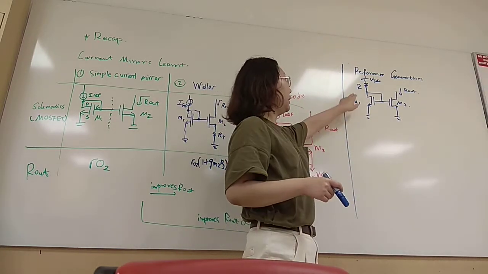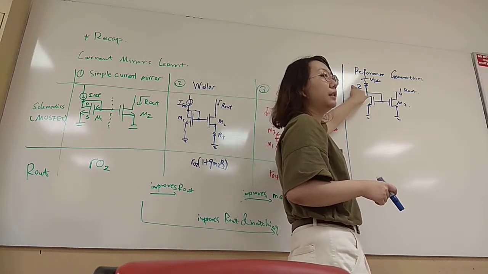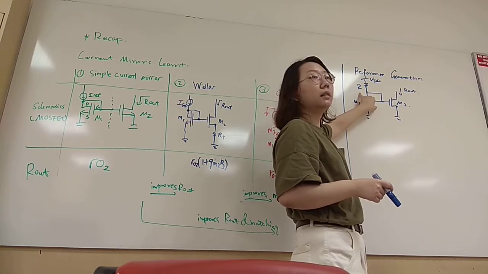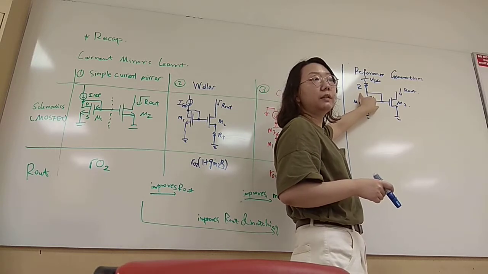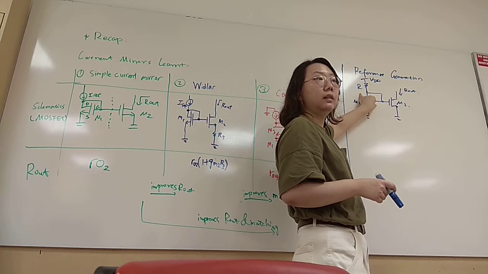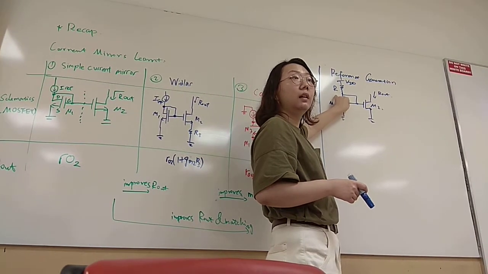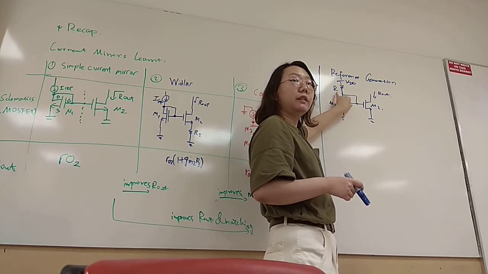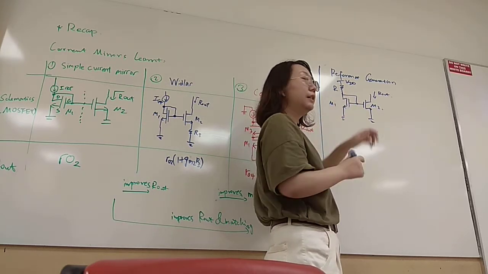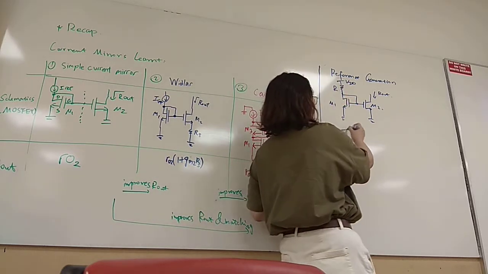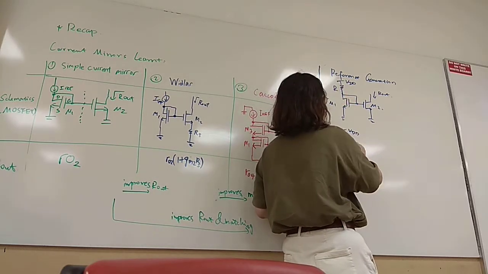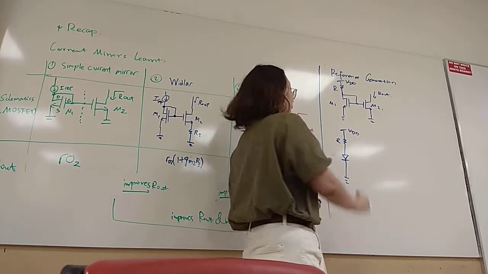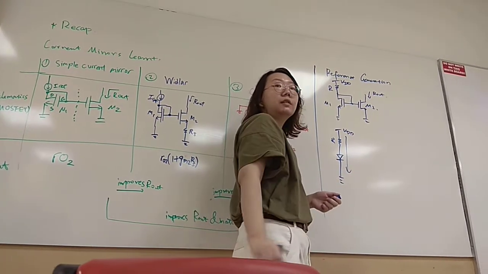By putting a resistor there, it's a passive device, right? And what's the name for this kind of transistor? This kind of transistor is your diode connected transistor, right? And a diode connected transistor is basically like a diode, right? So if you look at this side, it's basically VDD, connect to a resistor R, connect to a diode, and connect to the ground. So there will be a current flowing through this branch.